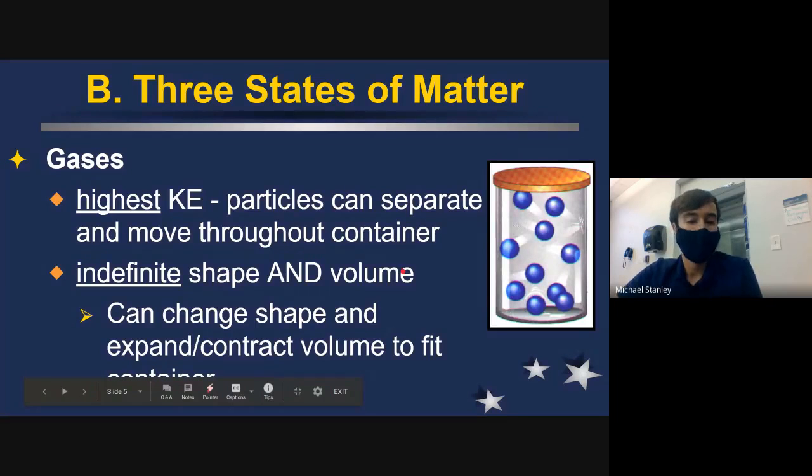All right. Any questions so far about our solids, our liquids, or our gases? Feel free to either share out loud or put it in the chat if you do have a question.